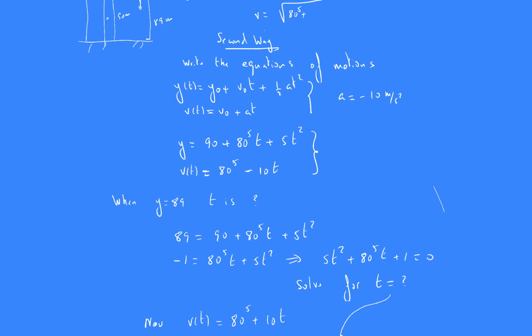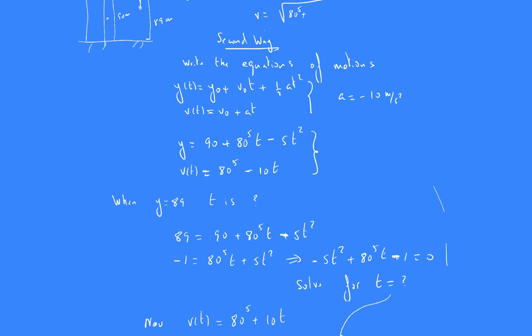But this equation is wrong. Here is a minus because the acceleration is negative. So it will be minus 5t squared plus 80.5t, plus 90 equals 89, that is minus 1. This is the correct equation. So you solve for t.